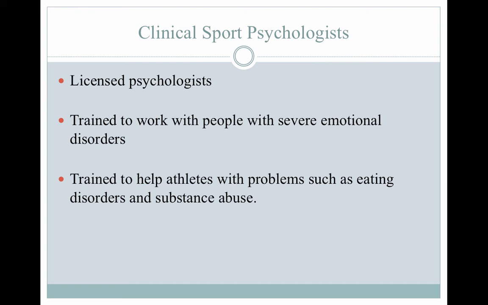They're trained to work with people with severe emotional disorders, so we can think of people who suffer from severe depression, maybe mood swings, eating disorders, these kinds of topics. Specifically, these individuals are trained to help athletes with problems like this. Again, eating disorders tend to come up, but also substance abuse. These are elements that an educational specialist is not really prepared for or trained to do.